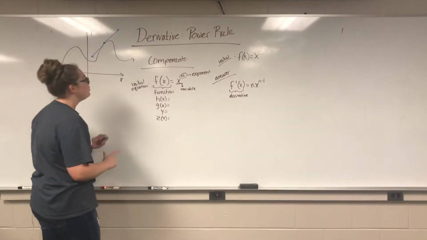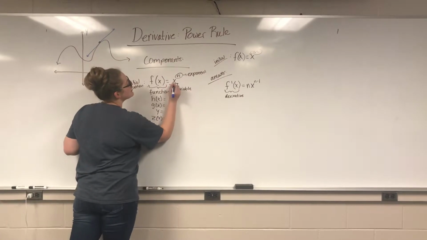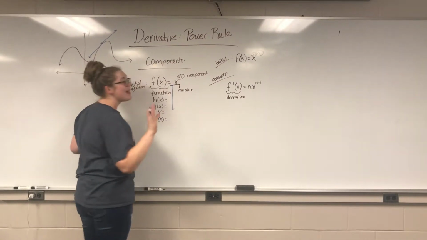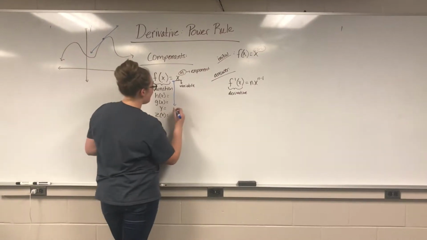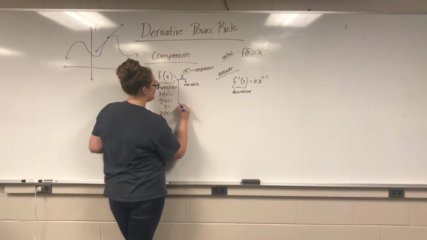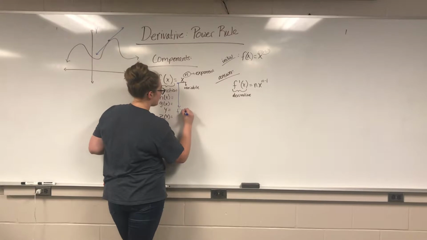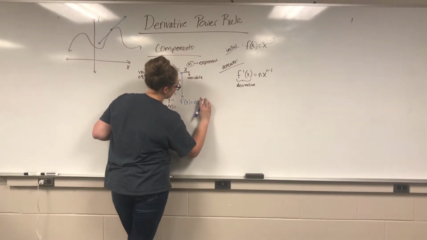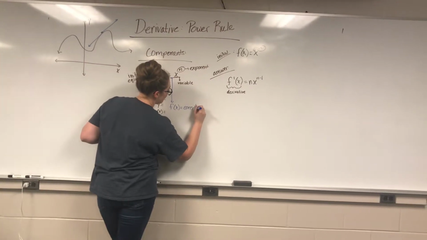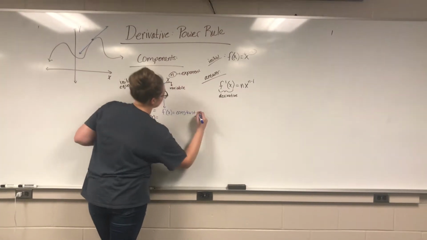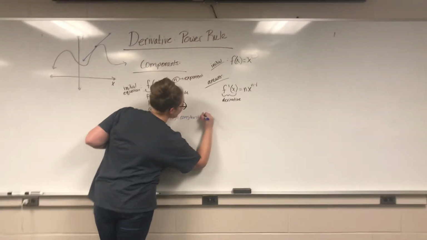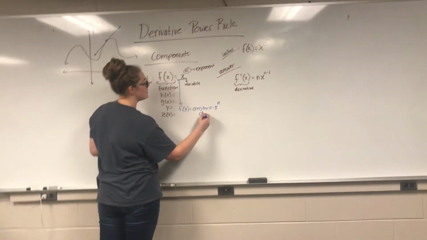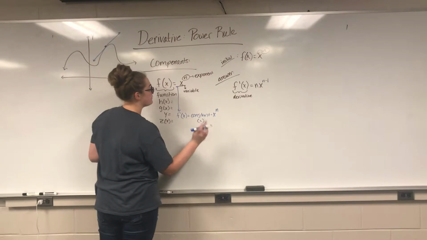Sometimes, though, right here in front of the x in your initial equation, you might have a constant. In that case, it would be f of x equals constant times x to the n. And we're going to say the constant is c, right here.